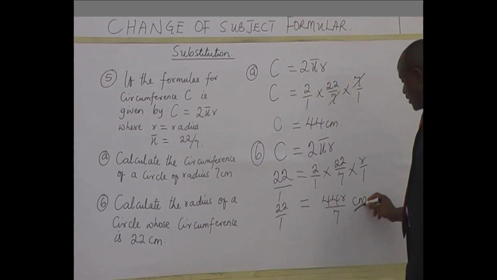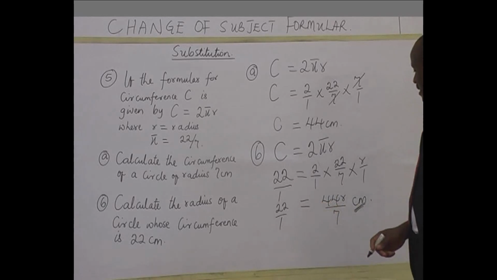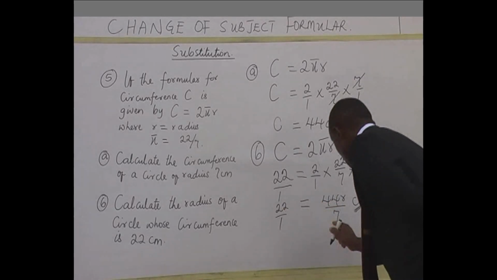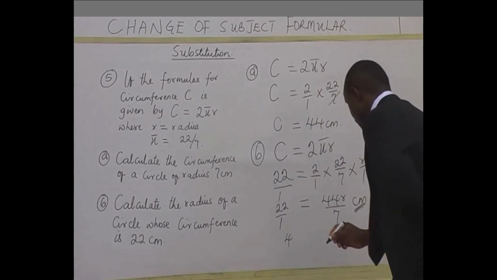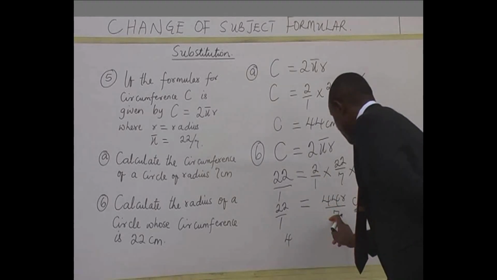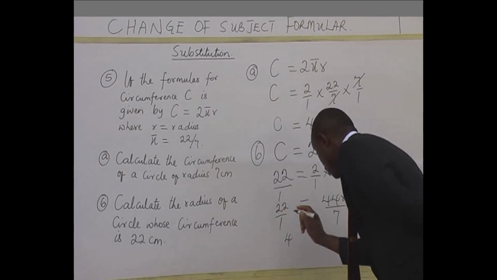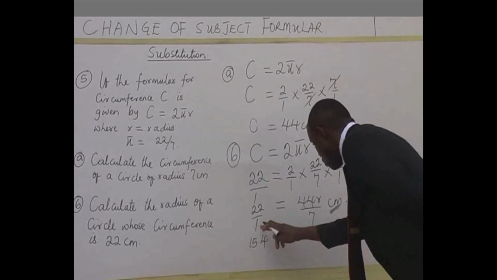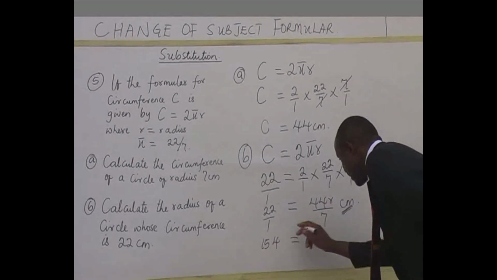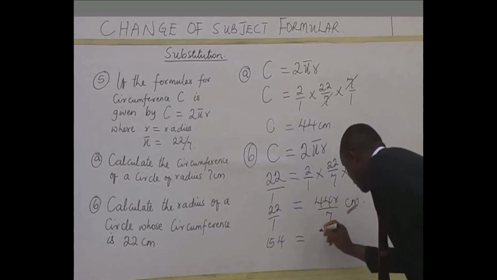Remember, this is not centimeters, but cross-multiplication. Now, 7 times 22. First of all, 7 times 2 is 14. Write 4 and raise 1. 7 times 2 is another 14, plus 1 will now give you 15. It's now equal to 1 times anything is that thing. That means 1 times 44r will leave you with 44r.